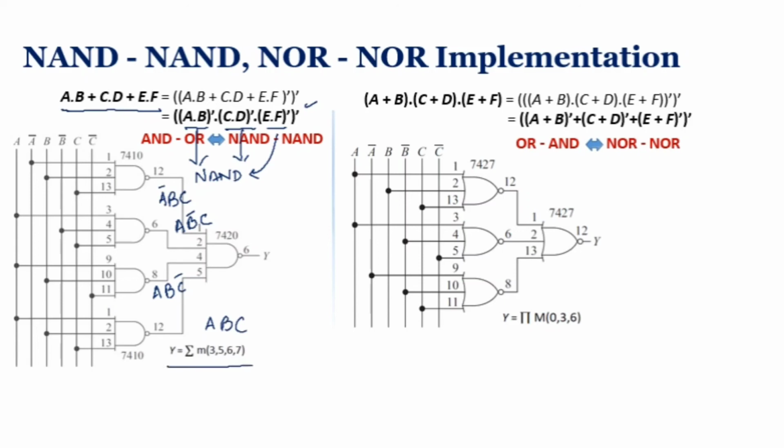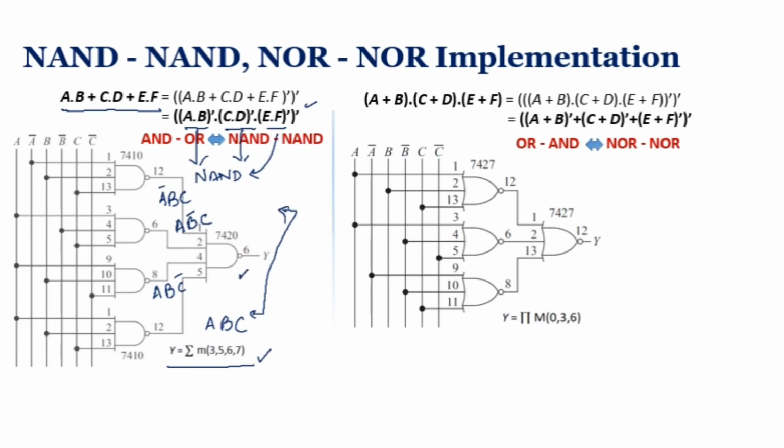So this actually becomes 3, 5, 6, 7. Okay. And when you will minimize them, you might be getting a different answer. So for unminimized expression, I can realize this using NAND in this way. Okay. And further output of these things are included here.